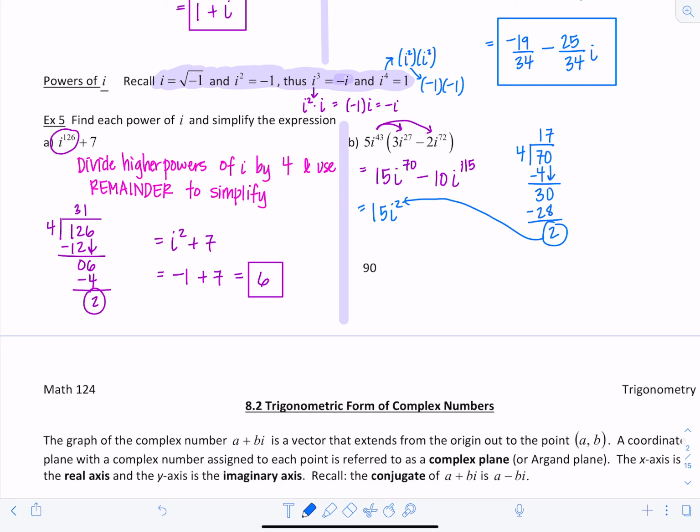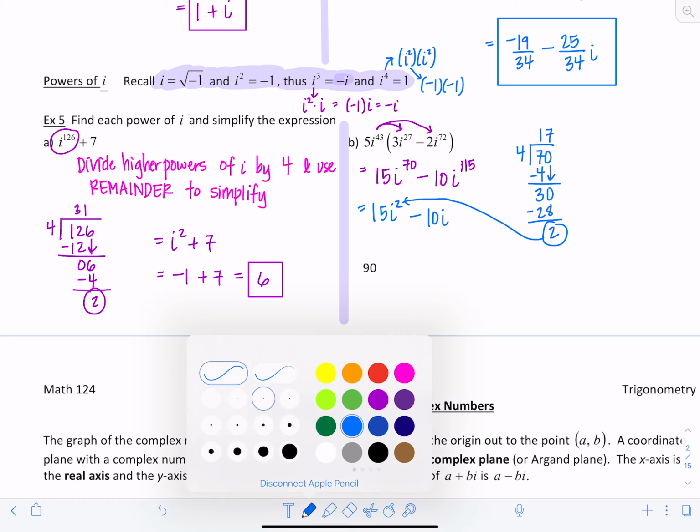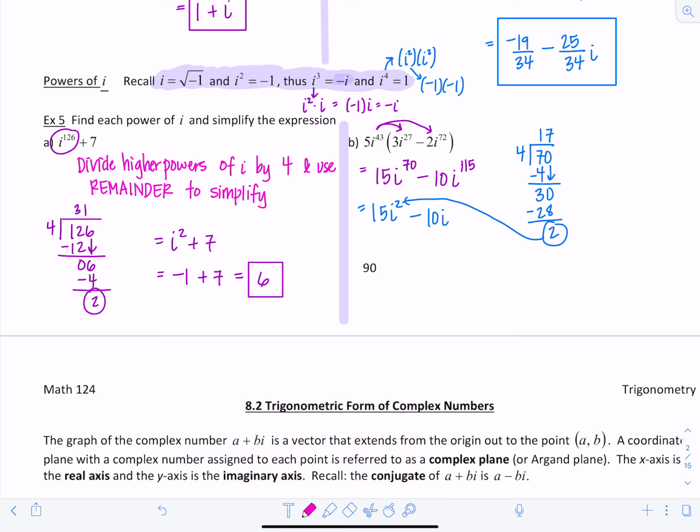Okay. Minus 10i to the, now let's see here, I'm going to take 4 and divide it into 115. And I'm going to get 2, so that's 8. 3, breaking down the 5, that goes in 8 times. 32, remainder is 3.